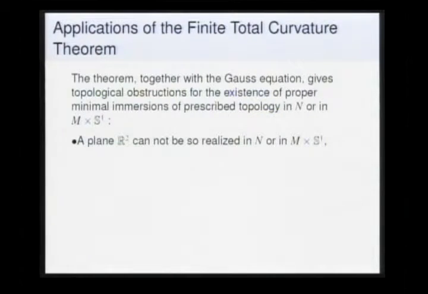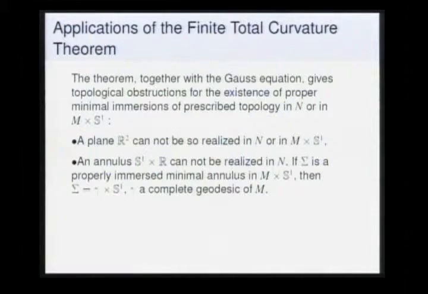For example, a plane cannot be realized in N or in M cross S1. There is no proper minimal immersion of R2 into such a manifold N. An annulus can never be properly minimally immersed in such an N. If it's immersed properly in M cross S1, then necessarily it's equal to a geodesic of M cross S1. So you have a classification theorem.